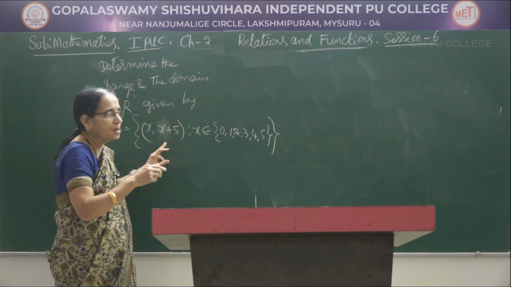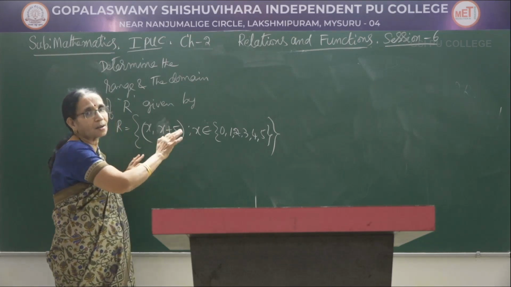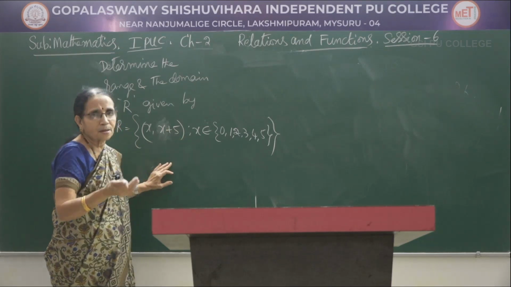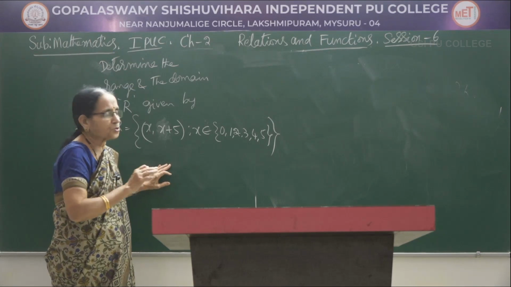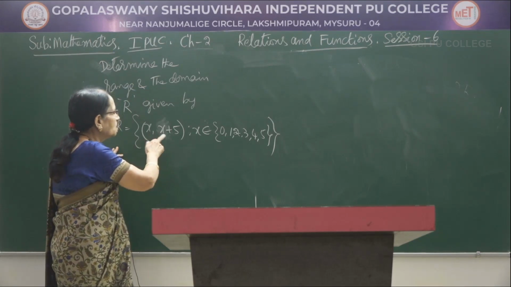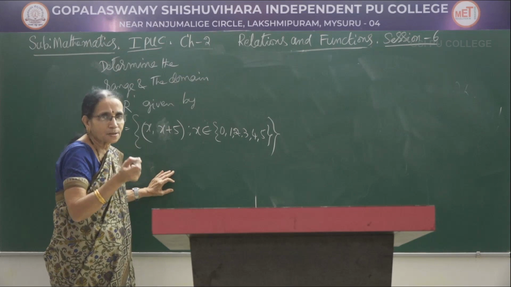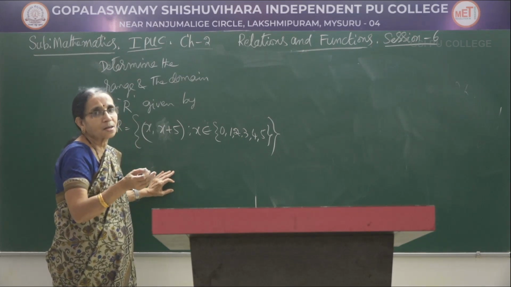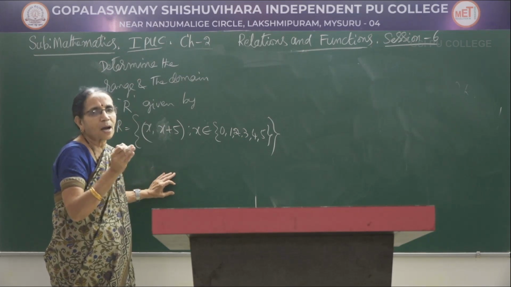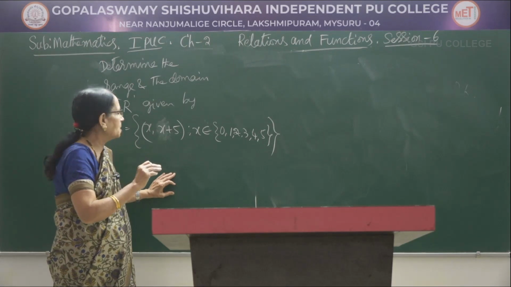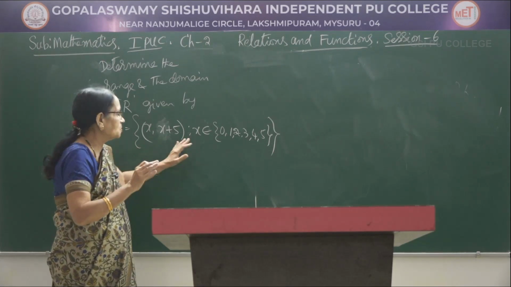Instead of giving y, they have given the relation directly, that is how the second element is related to the first element. When this is x, the second element would be x plus 5. Second element is obtained by adding 5 to the first element, and that is the relation that has been given here.